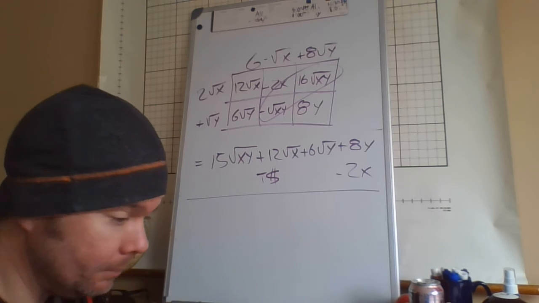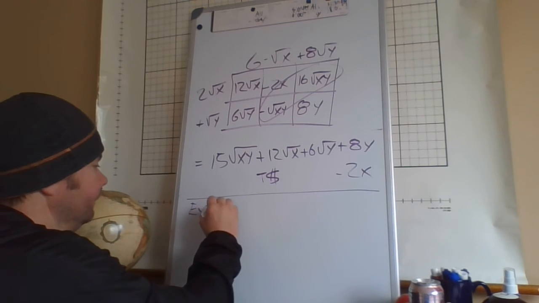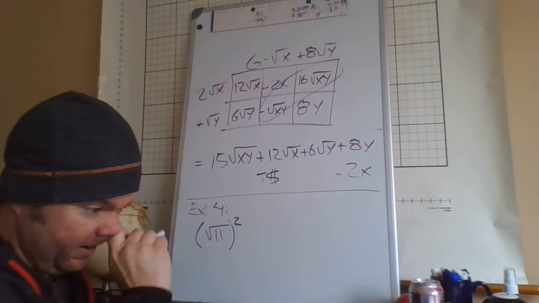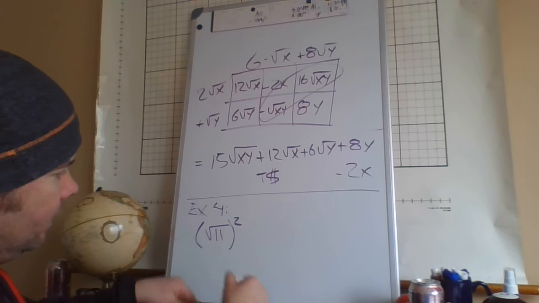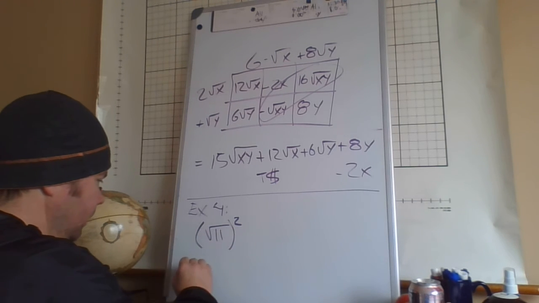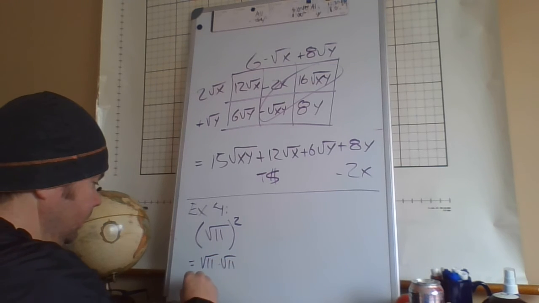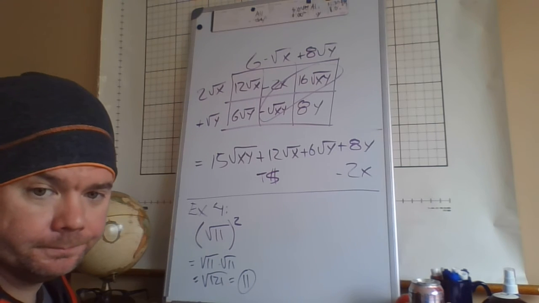Last example on this page. Simplify these expressions. This is example 4. We've got square root of 11 squared. Well, okay, look. Anything to the second power is that thing times itself. Square root of 11 times square root of 11, square root of 121, equals 11.